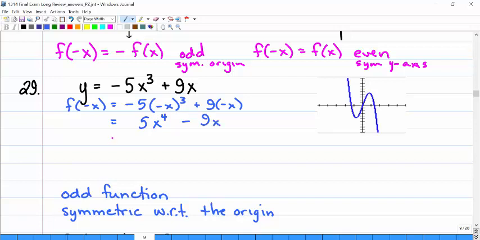If I factor a negative out, I get, my brain is fried right now. I have -5 times -x cubed plus 9 times -x. So I end up with 5x cubed, sorry about that, minus 9x.